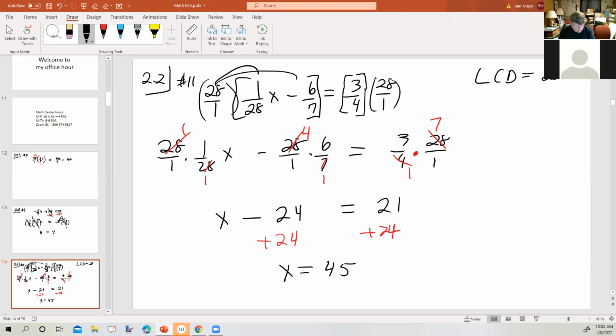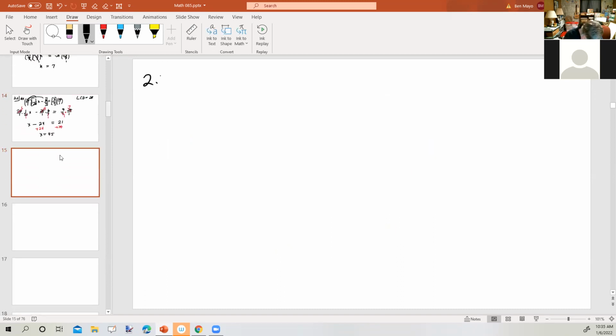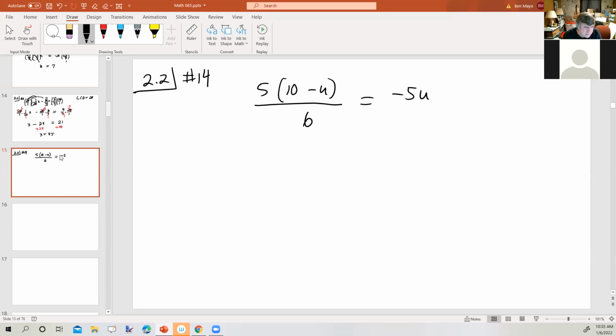Okay. And finally, number 14 from that same section. So 2.2, number 14, it says 5 times the quantity 10 minus u all over 6 equals negative 5u plus 10.